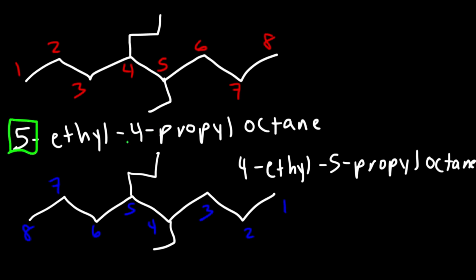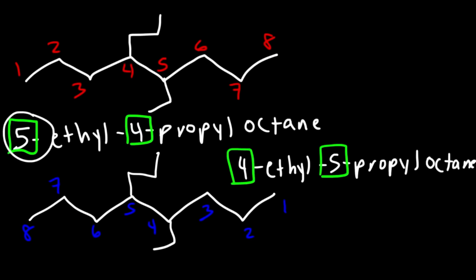Here we have 5 and 4, and 4 and 5. So going left to right or right to left, we still get the same exact numbers. But notice the way the numbers are arranged when we name it. In both cases, the substituents are placed in alphabetical order. But in the first example, the numbers are in decreasing order. It's 5, then 4. And in the second example, it's in ascending order.